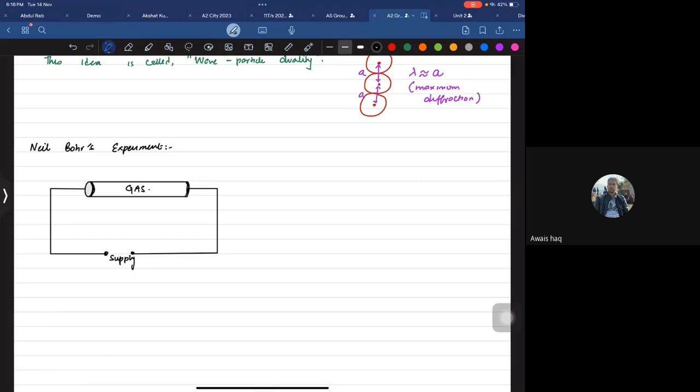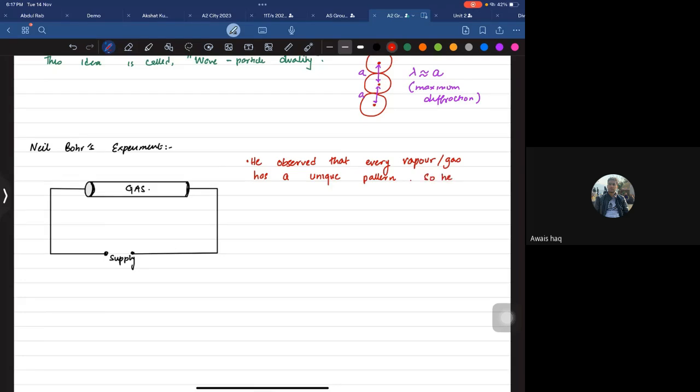So according to Niels Bohr's experiment, he observed that every vapor and gas has a unique pattern.